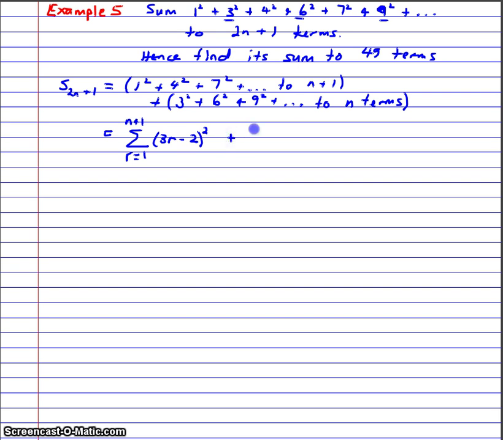We're adding the next series, and that's just to n, so r equals 1 to n, and it's increasing by 3 each time as well, so that's 3r, and 3 1s are 3, 3 2s are 6, so we're not having to add or subtract anything from that, so that's just 3r all squared.